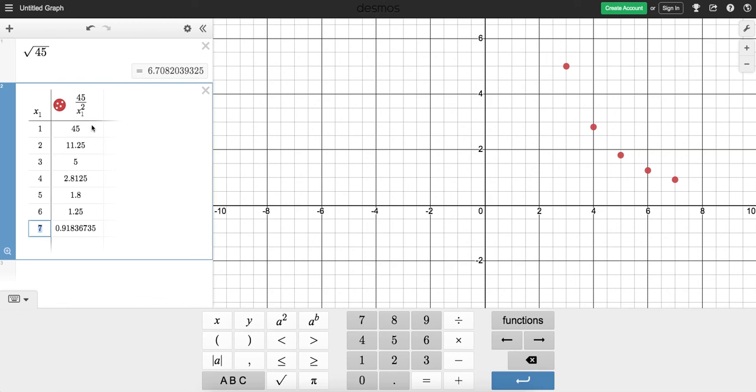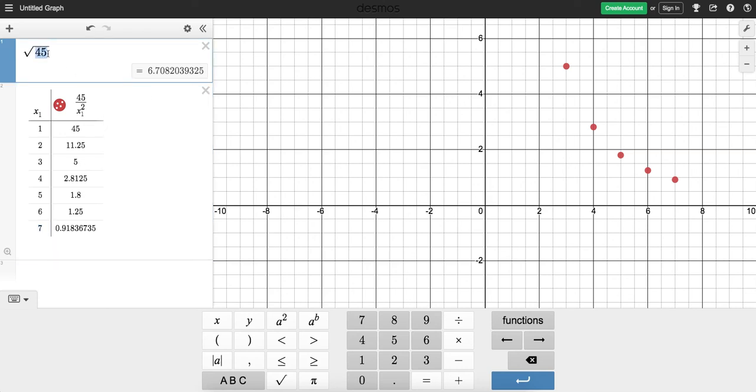And remember, for it to go into 45 means it can't give us a decimal when we divide. The biggest perfect square that goes into 45 is 9. It's the square root of 9 times the square root of 5, and the square root of 9 is 3, so 3 times the square root of 5. That's how we can use Desmos to help with our square roots.